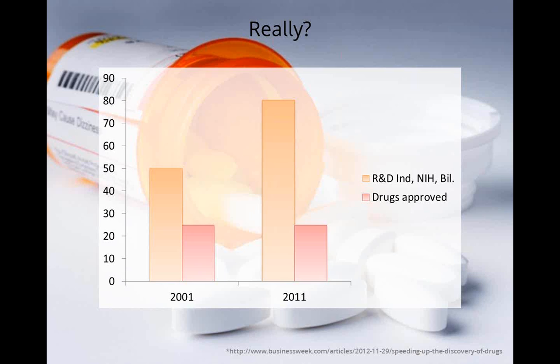The industry, as we all know, is really in a dire situation. R&D spending in the industry and in NIH has almost doubled in the past decade, but the outcome of newly approved drugs by the FDA has not improved dramatically.